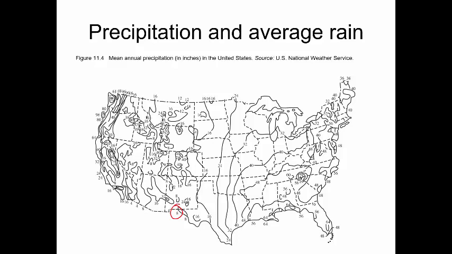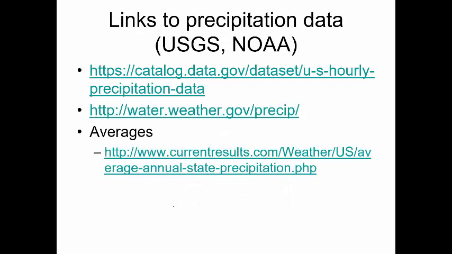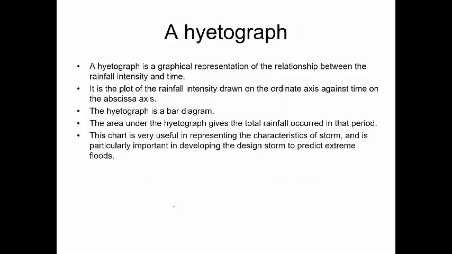I'm not sure what year this was, but it varies anywhere from 8 to 9 inches per year. These are some of the links that you can find. I encourage you to look at those and play with that data.